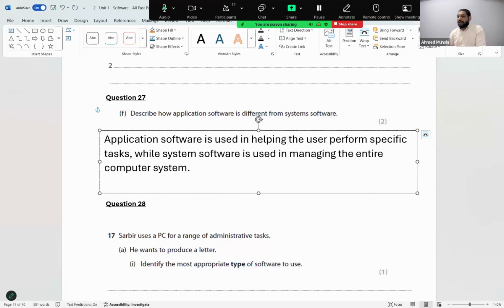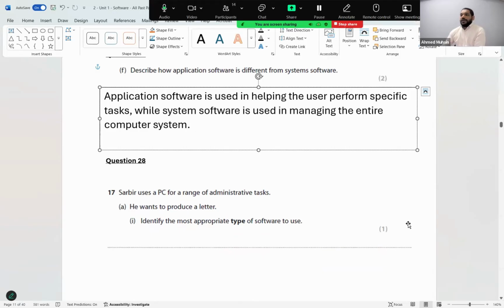Are we all okay with this? While system software is used in managing the entire computer system. Hurry up, everyone. You're writing with me.